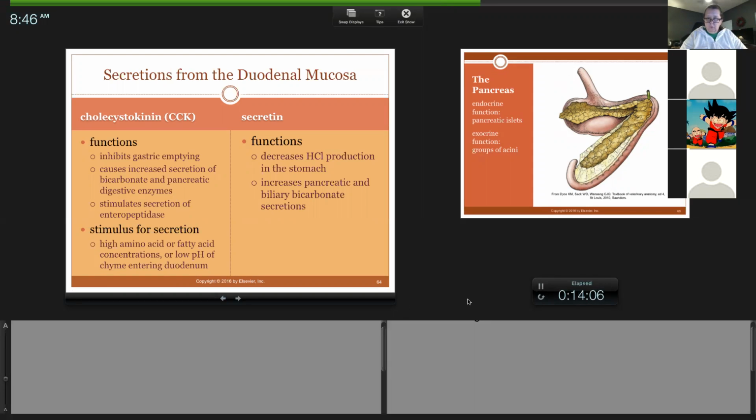What cholecystokinin does is it inhibits gastric emptying. It will also increase secretion of bicarbonate, which is a buffer, and pancreatic digestive enzymes. So when this is secreted, the stomach is going to slow down, and we're going to increase buffering and digestive enzymes. So why does this happen?